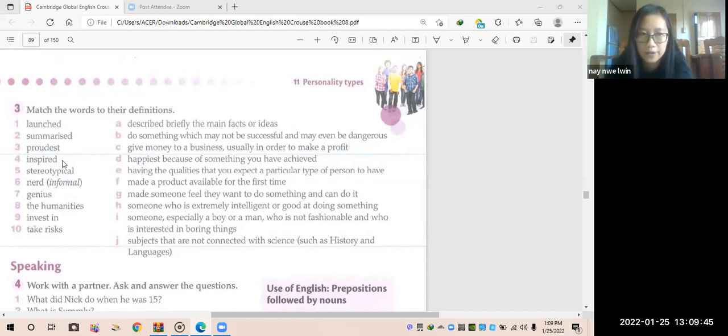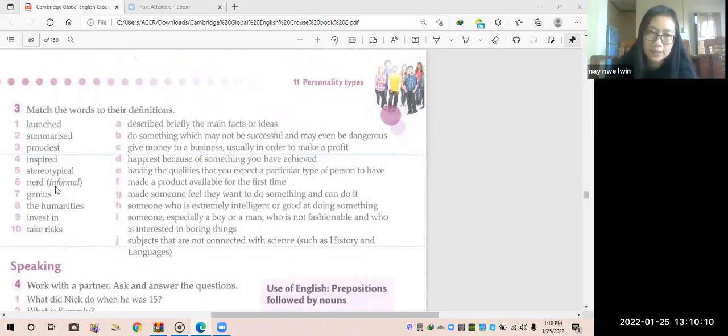How about inspire? G. Inspire is make someone feel they want to do something and can do it. Yes, that is inspire. How about stereotypical? E, right? Having the qualities that you expect a particular type of person to have. That is stereotypical.